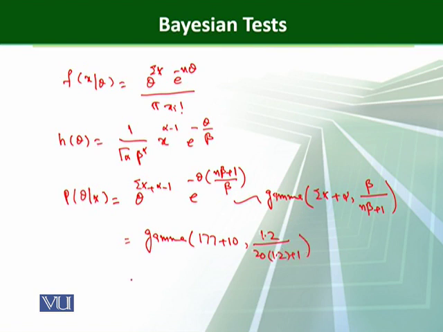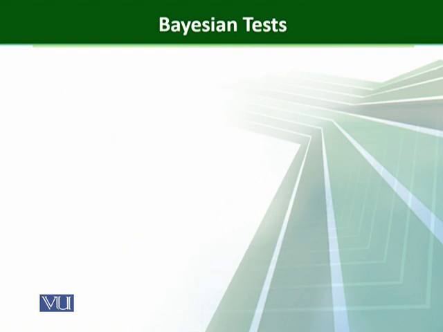When we solve it, we get gamma with 187 and 0.048.